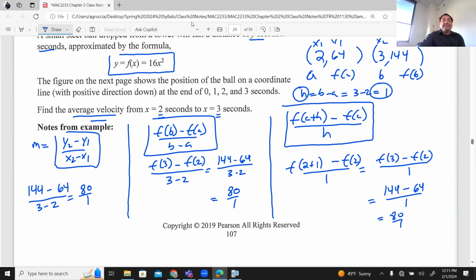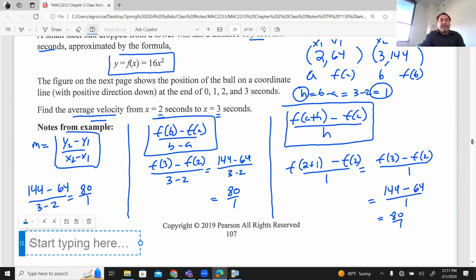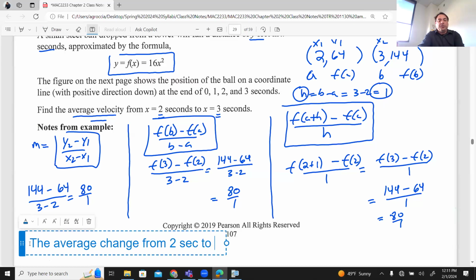And if I wrote this as a sentence, remember what we're doing is something called average change. The average change from 2 seconds to 3 seconds is increasing 80 what?